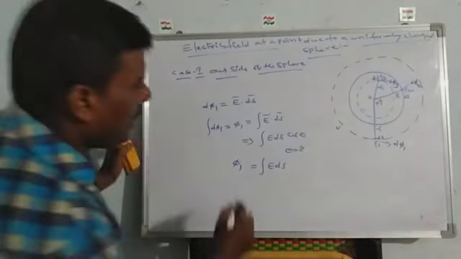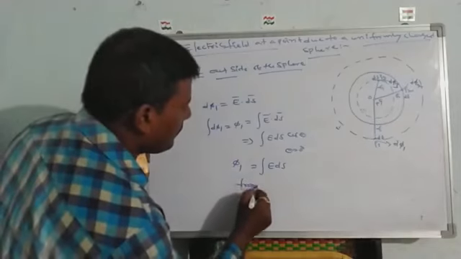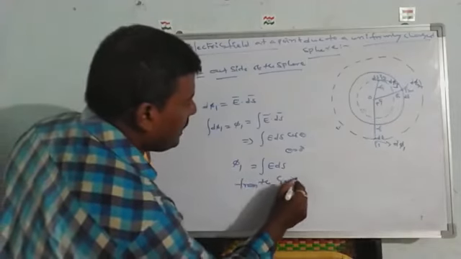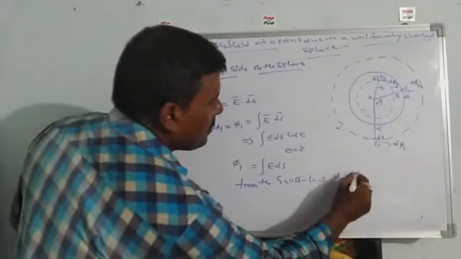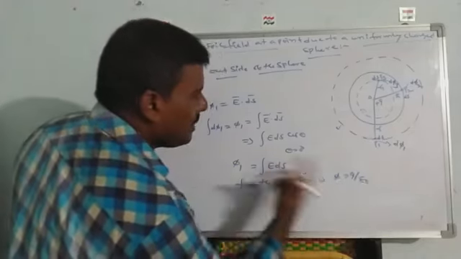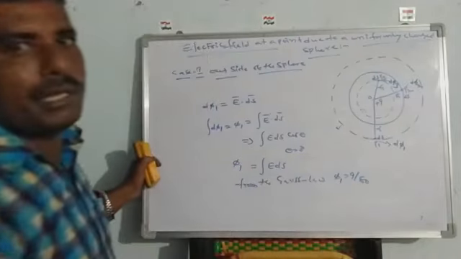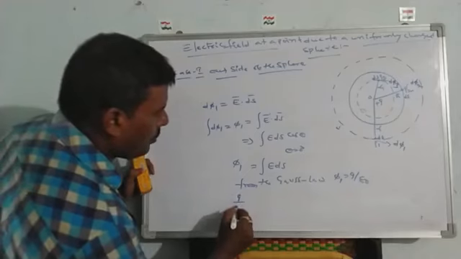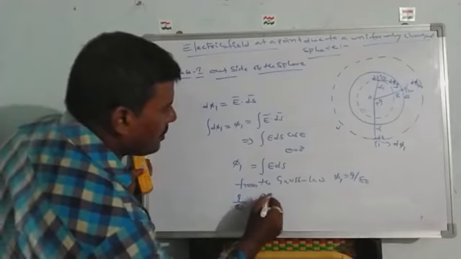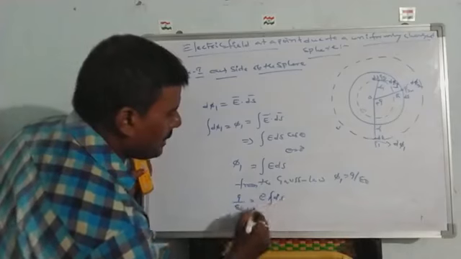From the Gauss law, phi equals q by epsilon naught. That means phi 1 equals q by epsilon naught. So q by epsilon naught equals E times the integral of ds.